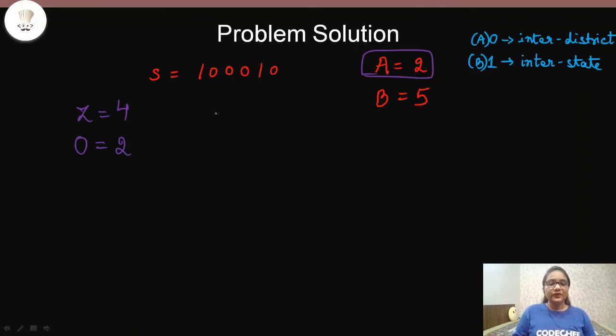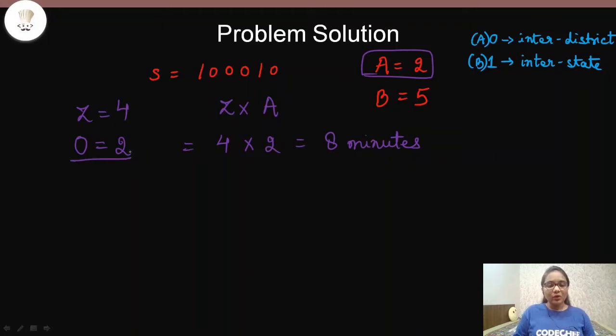So we will multiply Z with A. 4 into 2 is equal to 8 minutes. So to fill 4 inter-district e-pass applications, it's going to take 8 minutes.